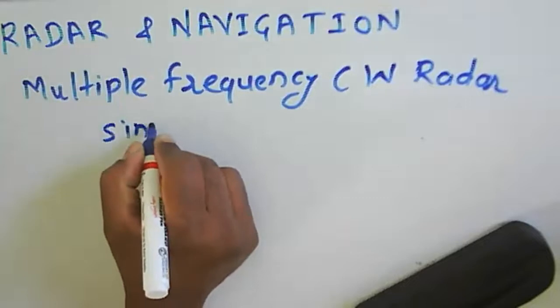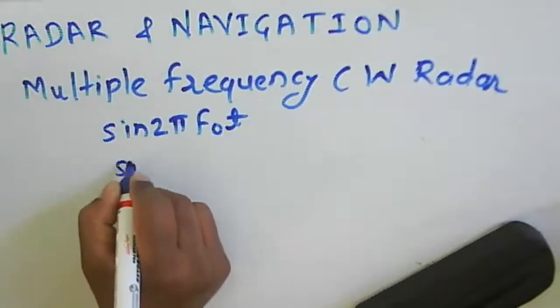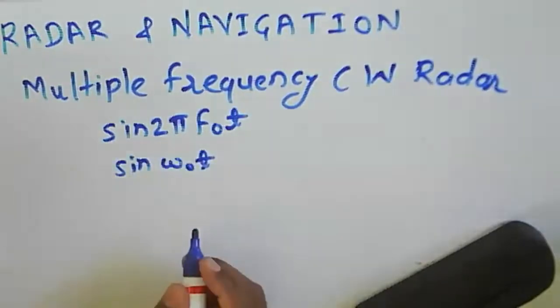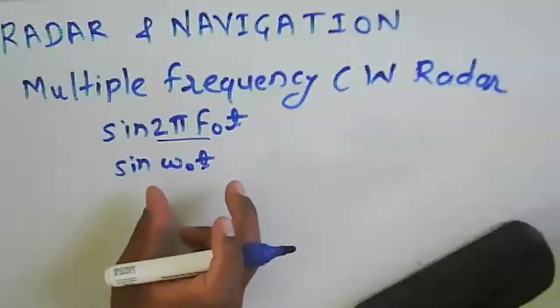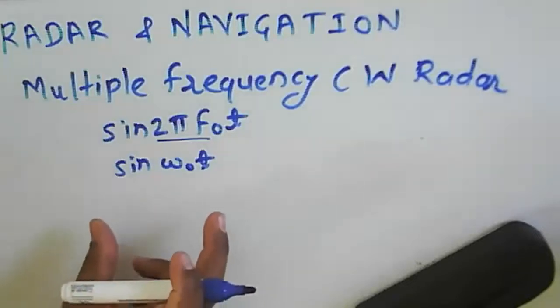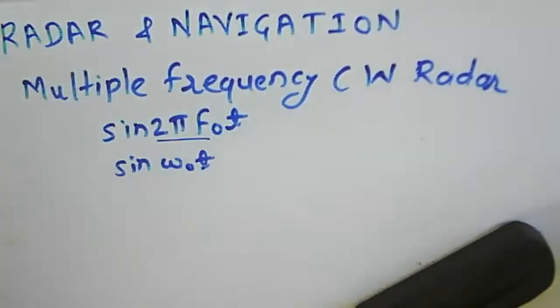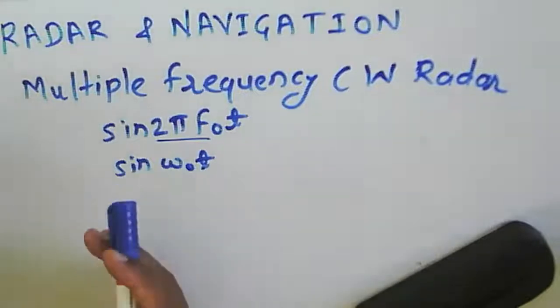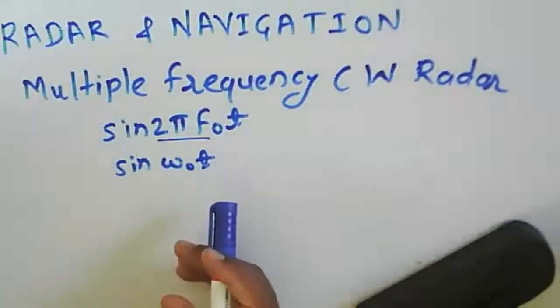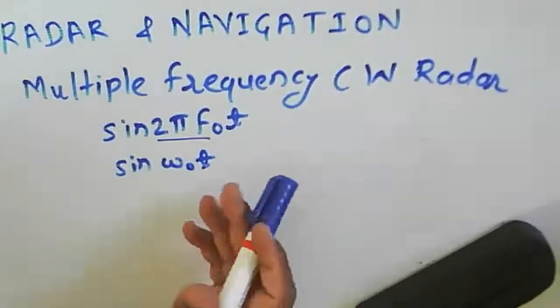So we can write here sine of twice pi f0 t. We can also write it another way, omega 0 t, where omega 0 is nothing but twice pi f0. This signal is transmitted to the target at a particular range, and when that signal reaches the target, an echo occurs. It is reflected from the object, and the same signal returns to the radar after a particular time.